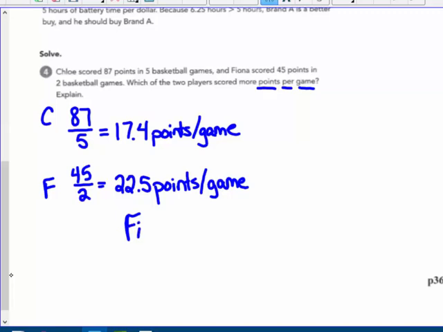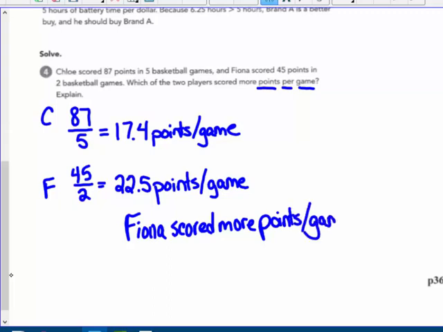Fiona did. Fiona scored more points per game. She scored 22.5 compared to Chloe's 17 4/10. And that's it for today.